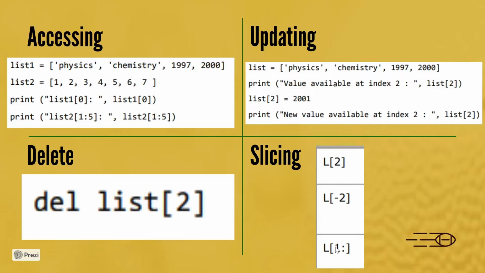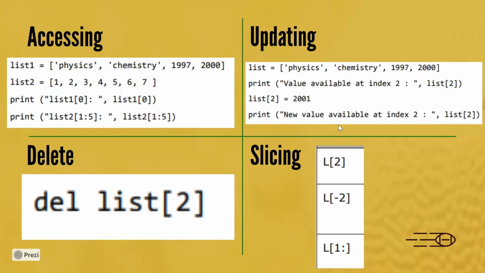Take the first element and go up till the last. Physics is the 0th element, chemistry is the first element, and the last element is 2000. So this slice will give an output of chemistry, 1997 and 2000. So these are accessing, updating, deleting and slicing of the list.